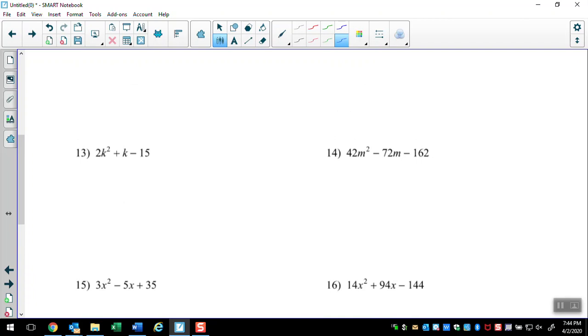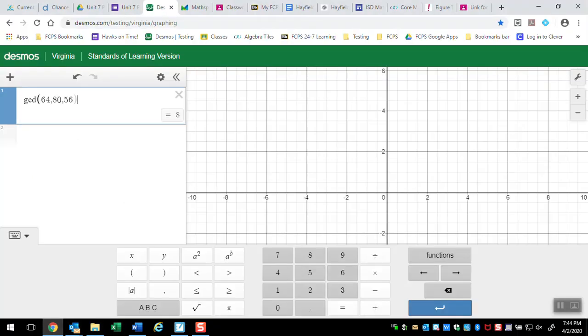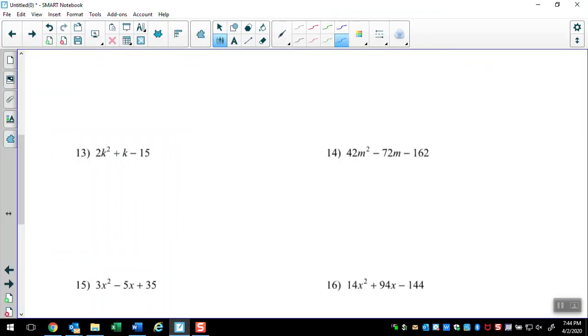So we're going to do our greatest common factor. So 42, 72, and 162. Let's see if I can remember all that. Alright, 42, 72, 162. Greatest common factor is 6. So I'm going to factor out a 6 first.